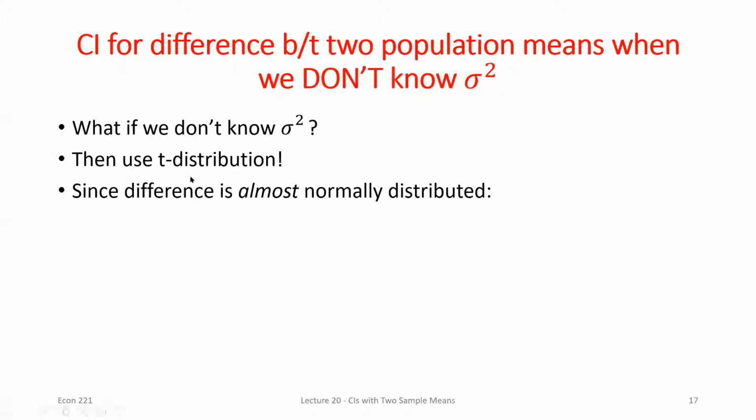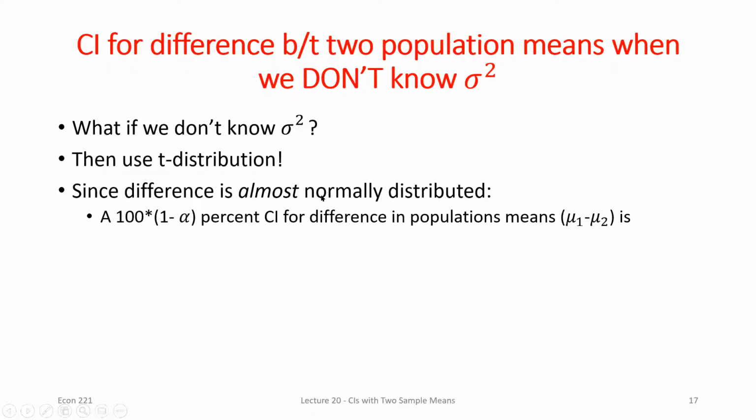But if we have two different student t-distributions, like let's say my first sample is a sample size 50 and my second group has a sample size 30, will they be coming from different student t-distributions? Before, when we were looking at the difference in sample means, each sample mean distribution was normally distributed. Here, each sample mean will be distributed with a student t-distribution, but it could be a different student t-distribution.